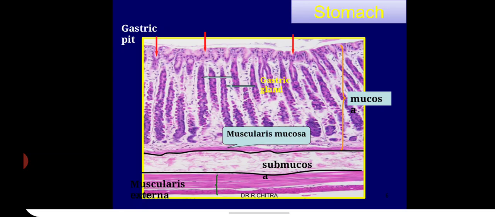The arrows are showing the gastric pits in the stomach where the gastric glands open. It has four layers you can see in this image: mucosa, submucosa, and muscularis externa, and serosa is next to muscularis externa.